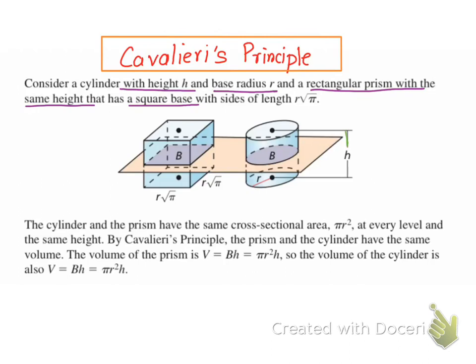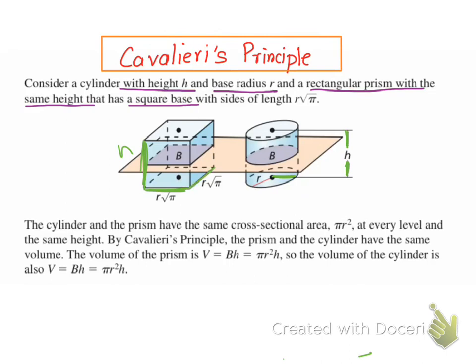The base of the cylinder has radius r. And there is another rectangular prism with the same height h, but with a square base with side length r root pi. Actually it's a square prism.